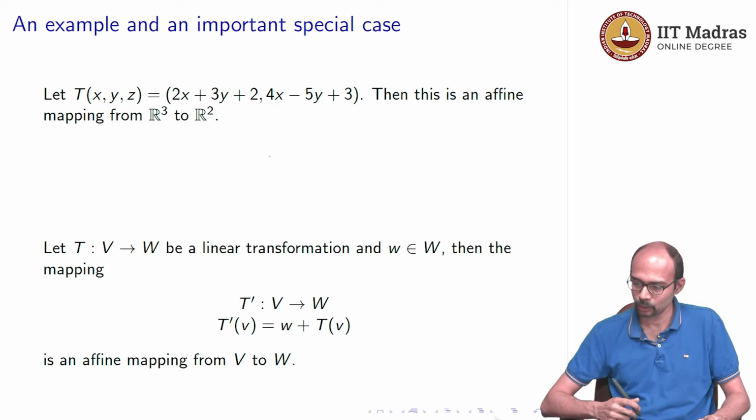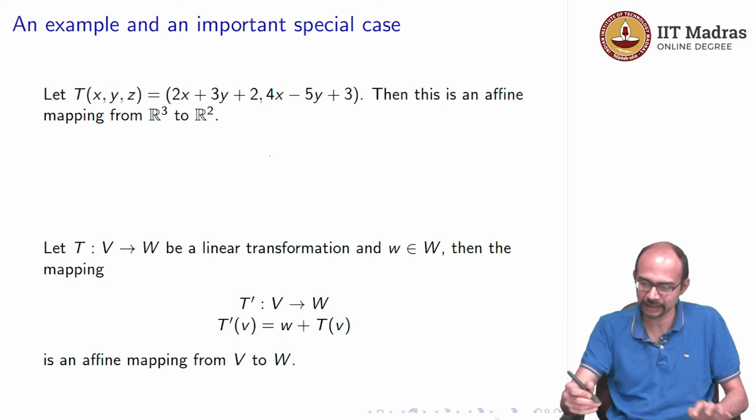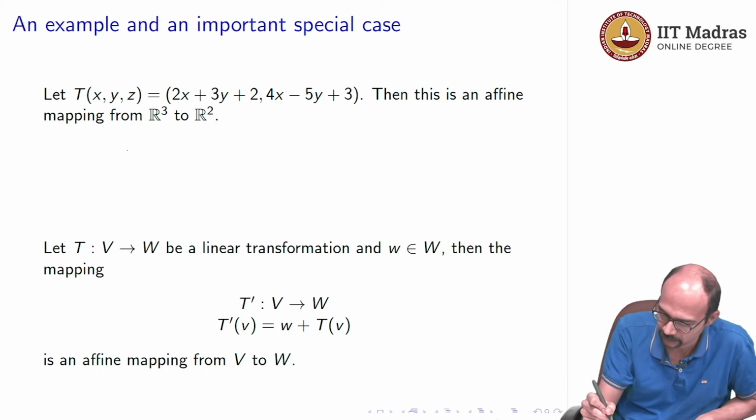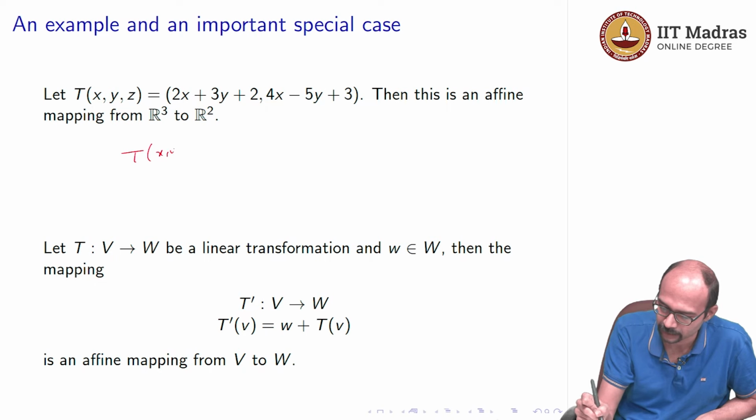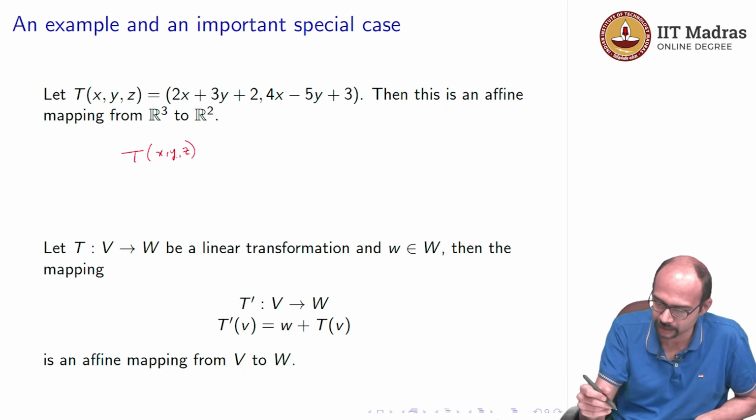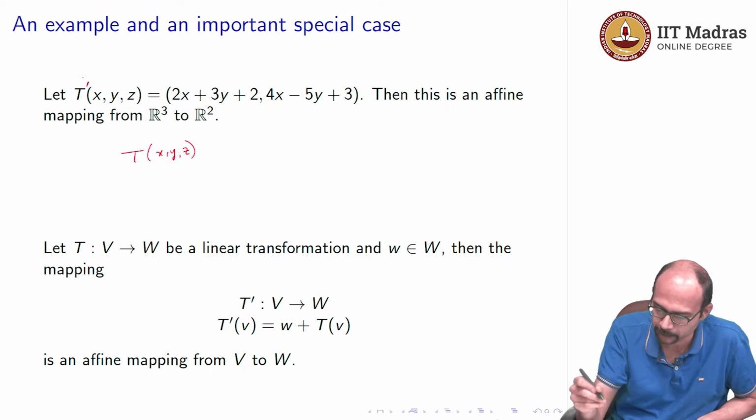Okay, so this is a general phenomenon, namely, if you have a linear transformation and some fixed vector w, then the mapping t prime of v equals w plus t of v is an affine mapping from v to w. This is exactly what I did here. What I did is I took this t of x y z, which unfortunately I could have called t prime or f.